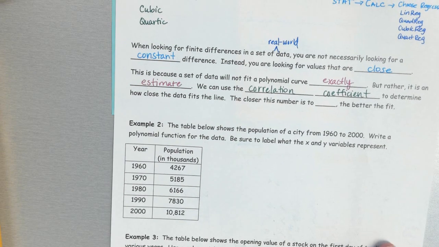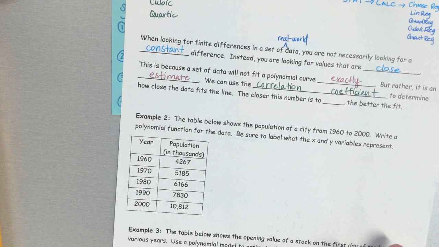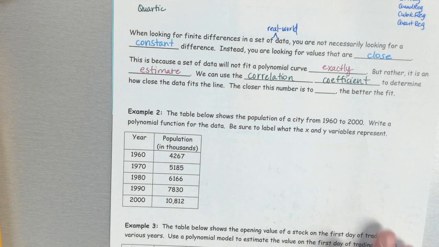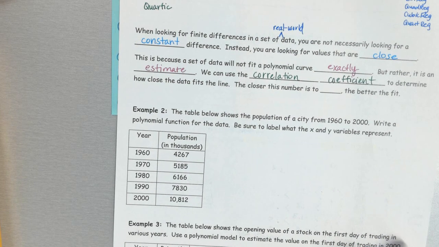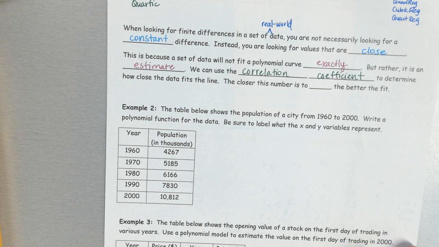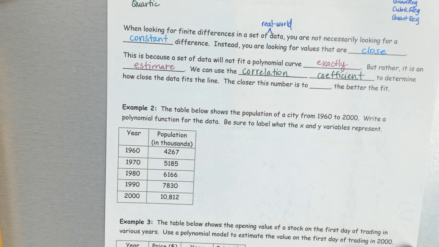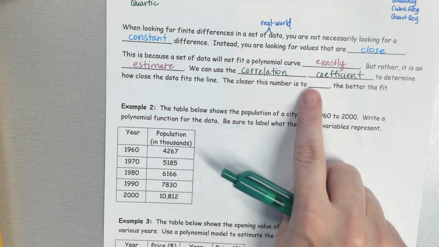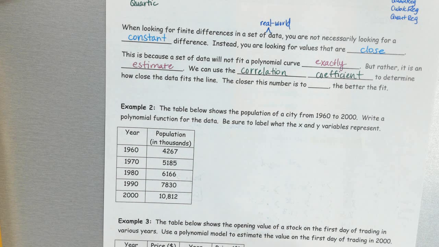Don't worry, we're going to use the calculator. We're going to use the function on the calculator. Do you guys remember what the correlation coefficient is? What variable? R. Yes, good.